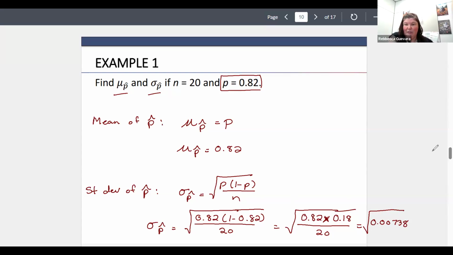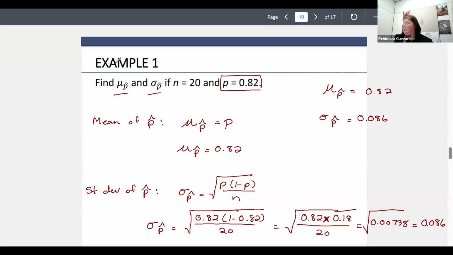Sorry, my calculator did something weird there. So if I had a distribution of all of my samples of size 20, the mean should be 0.82, and the standard deviation should be about 0.086.